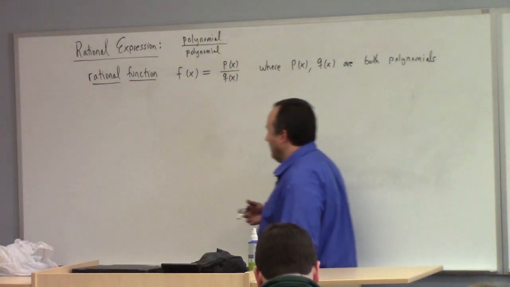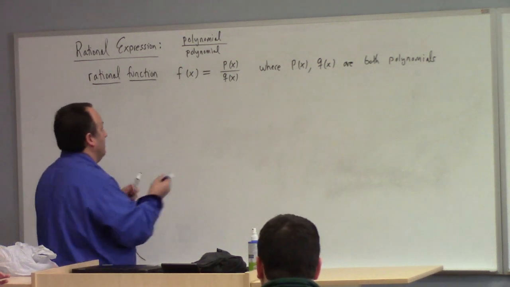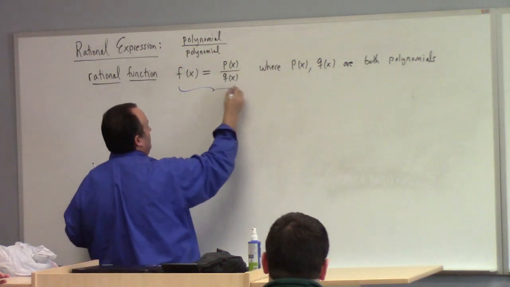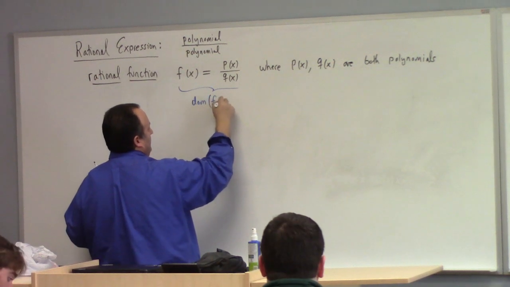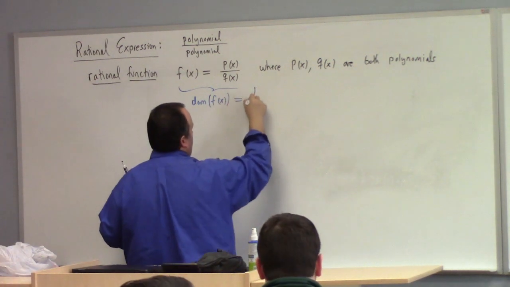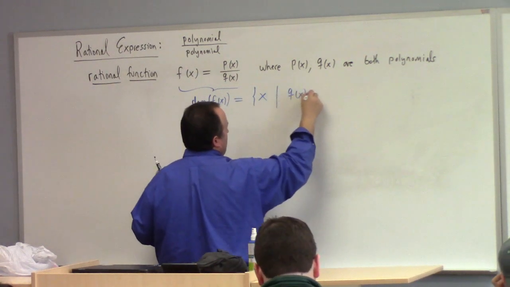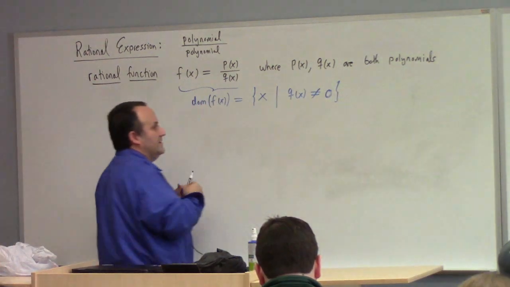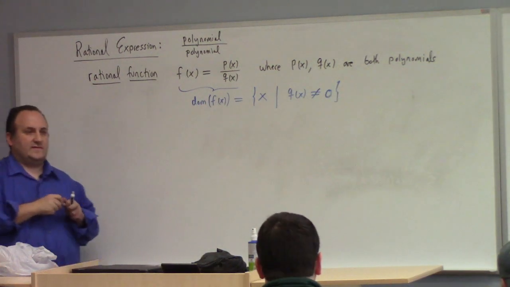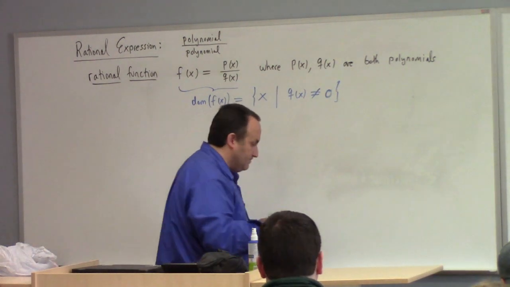The domain is any number that is not equal to 0. That's about right. The domain of this function is going to be x such that q of x is not equal to 0. In other words, the domain is the set of inputs which don't give you division by 0.